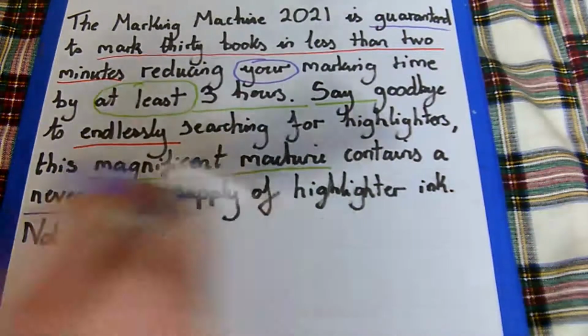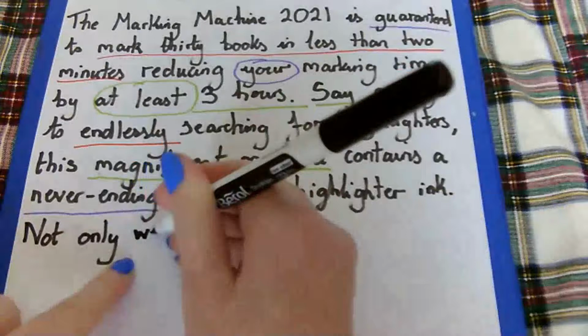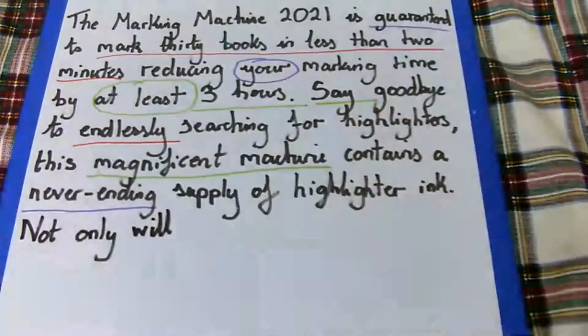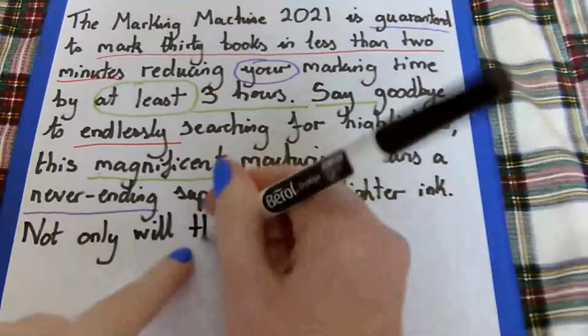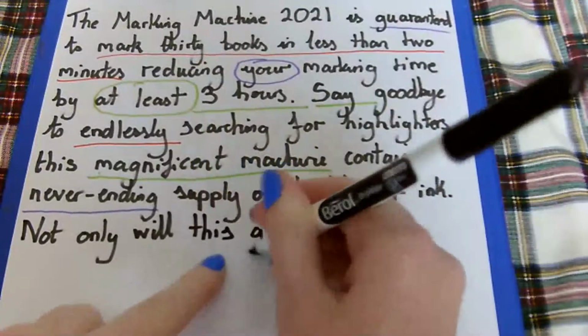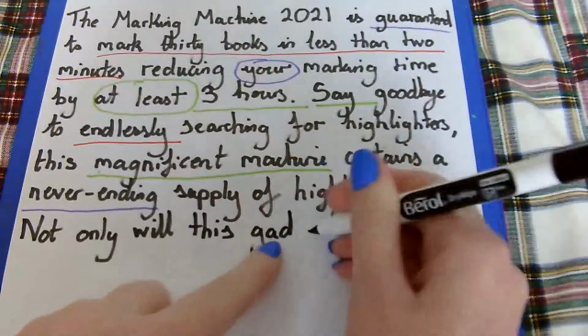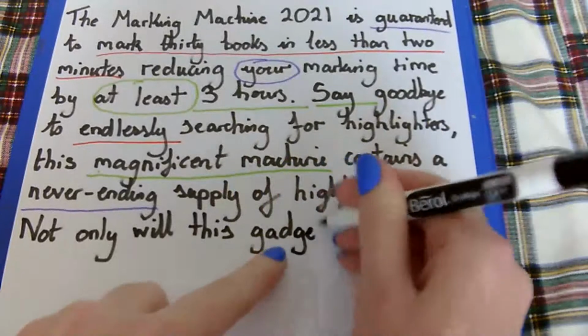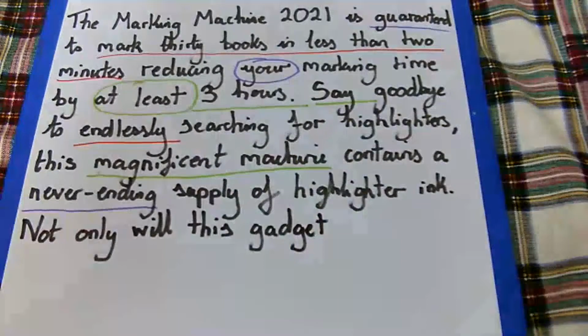And by using this sentence starter, I'm making it seem like my gadget has endless advantages to it. So not only will this gadget, again, I'm using a different noun phrase here. I'm not using the marking machine, I'm using gadget this time.